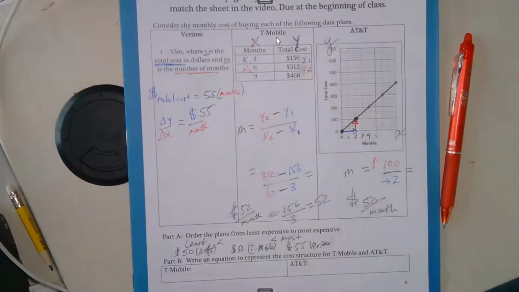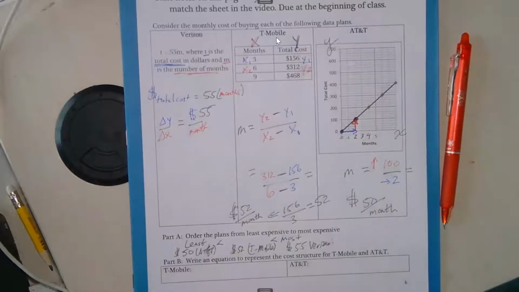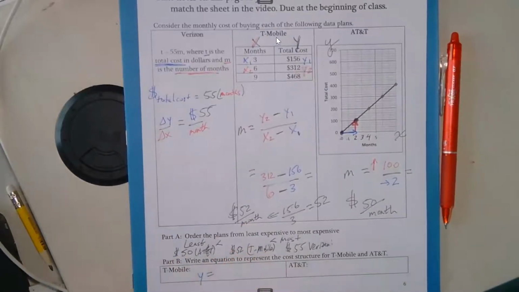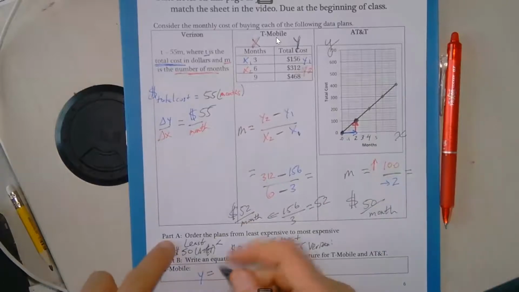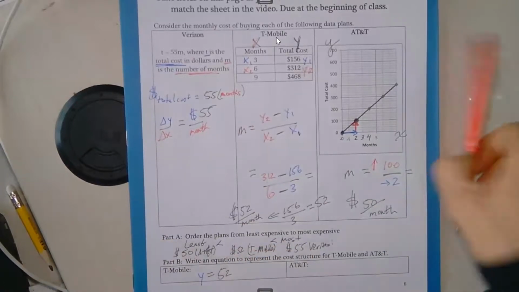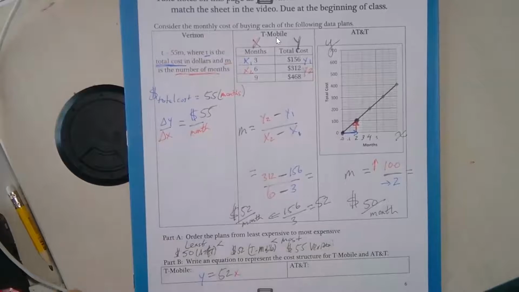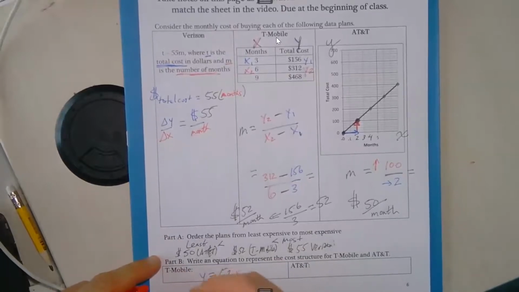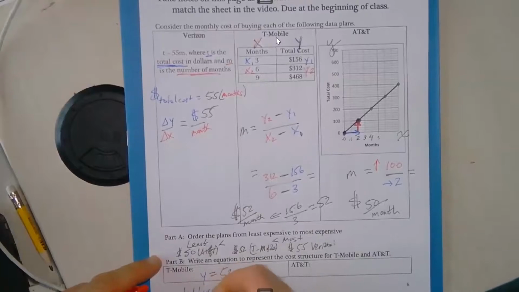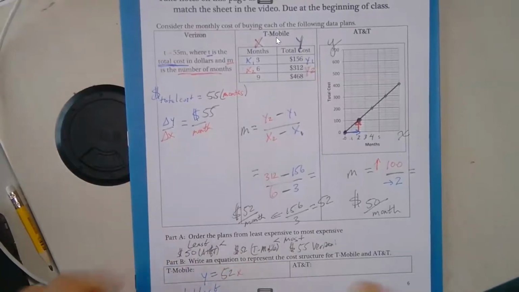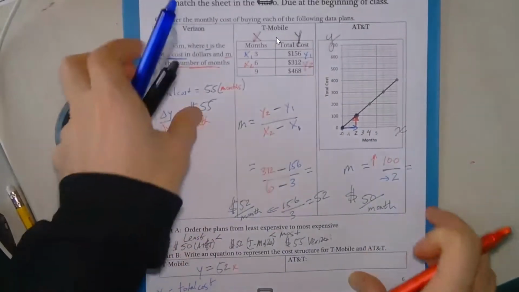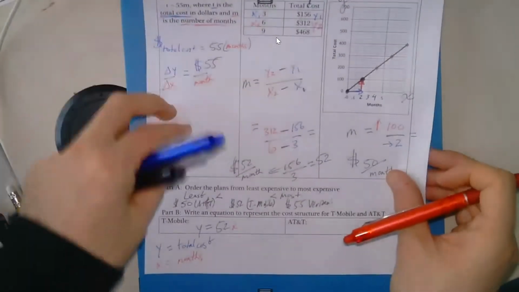So that means that we have y equals $52 times X, where Y is total cost, X is number of months. Sorry about that. There.